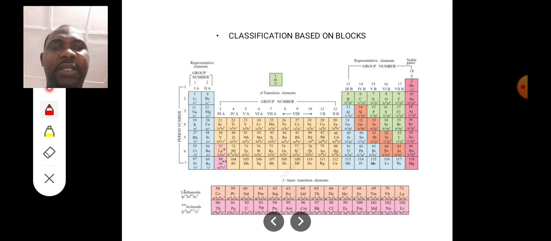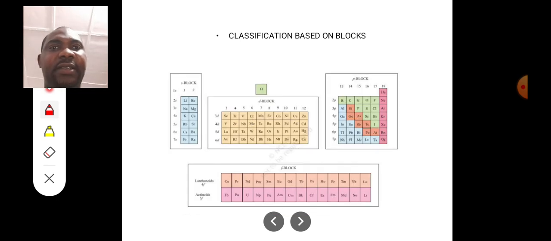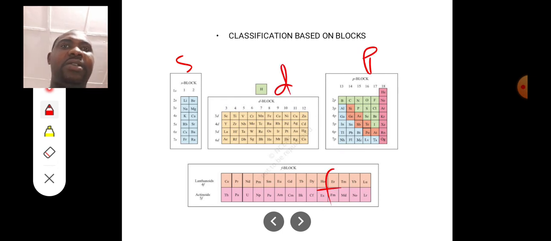In this periodic table we can divide it into blocks. We have the S block here, the P block here, the D block here, and the F block here. So I'm going to define them and make it easy for you.